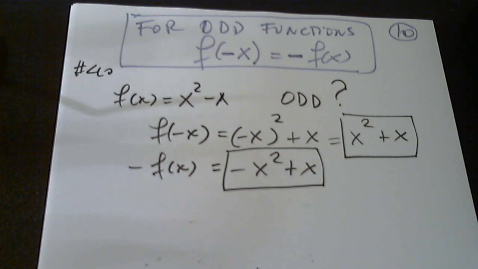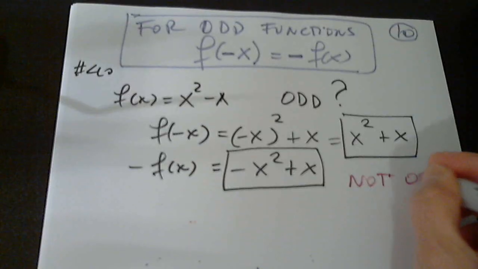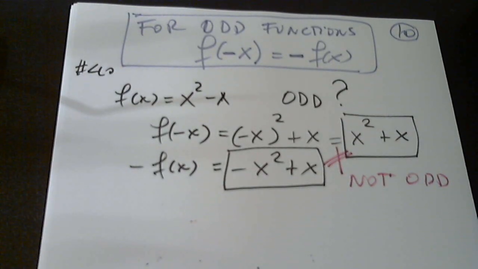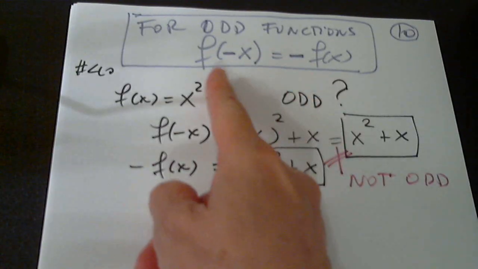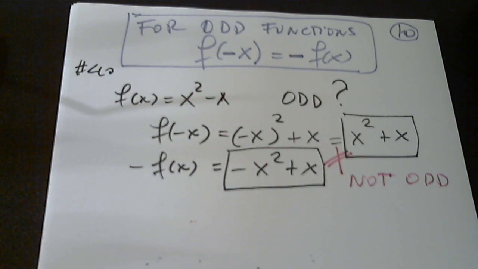What do we conclude? Not odd. This does not equal, f of negative x does not equal negative f of x. These are not the same. It's not odd.